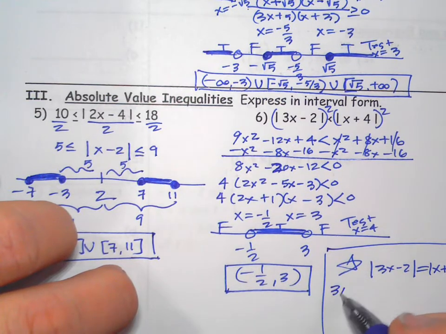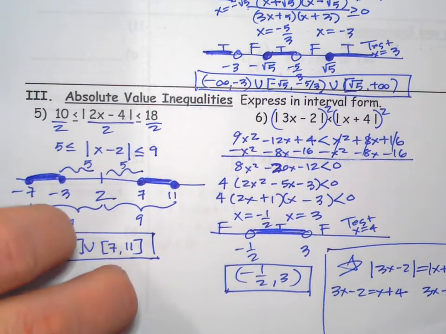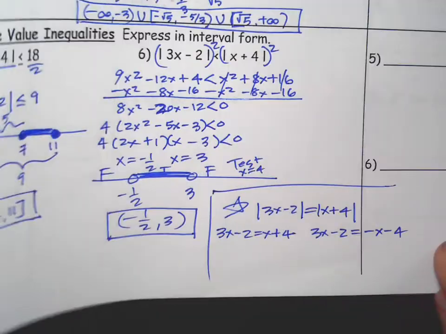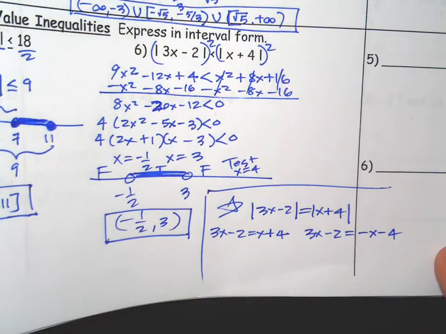Just do inside equals inside, and inside equals the negative of the other inside. That's way easier. That's the way to do it. If you square both sides, it works, but it's up to you.